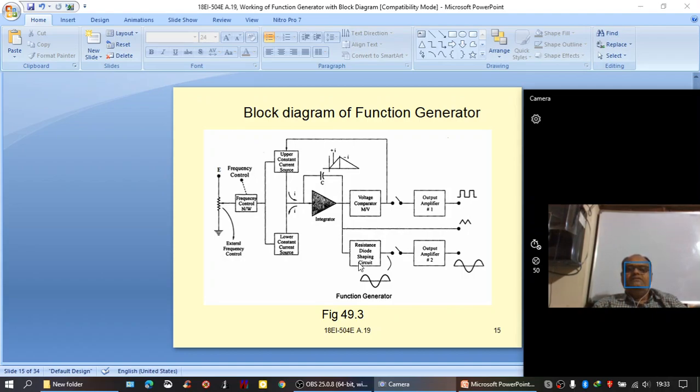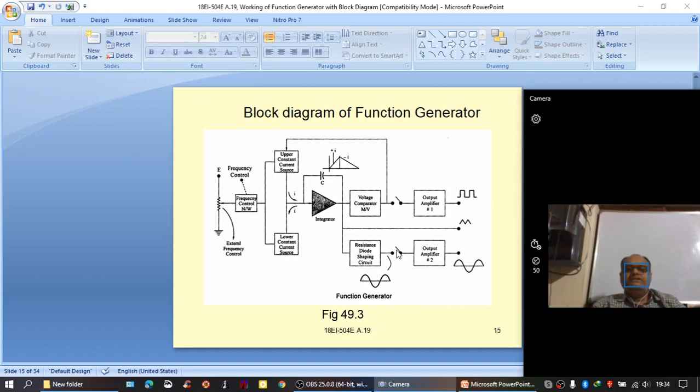And the other one is the resistance diode shaping circuit, which converts the triangular wave signal into a sinusoidal signal. Now, a function switch is provided here, which connects the square wave output to the output amplifier, and that can be taken out.